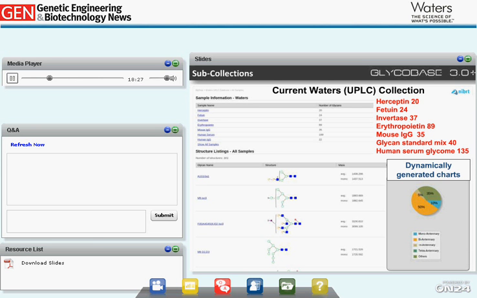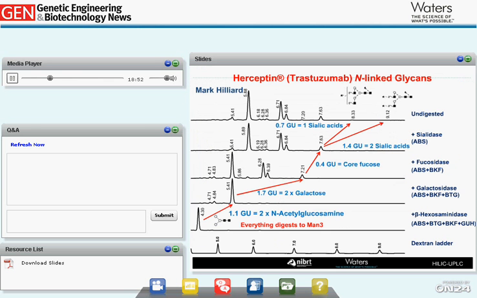And attached to the Waters UNIFI software, there's a Waters UPLC collection, which is a collection of molecules which are of some interest to pharmaceutical companies. And if you go into this page, you'll be able to find out the glycans that we found associated with Herceptin, for example. So it's an aid, really, if you're just beginning to work on these kinds of molecules.